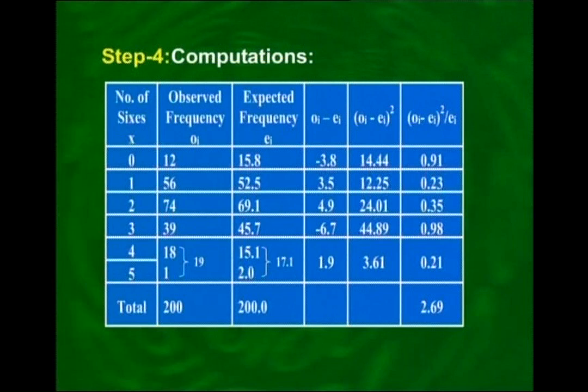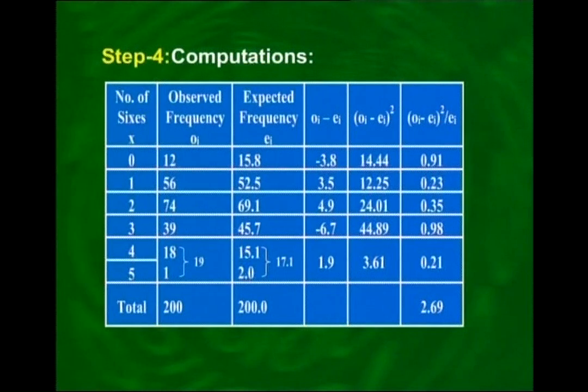Also, the observed frequency of the combined category comes out to be 1 plus 18, that is 19, and thus the effective number of categories that we now have is no longer 6, but 5. As such, our statistic will follow the chi-square distribution having 5 minus 1 minus 1, that is 3 degrees of freedom.